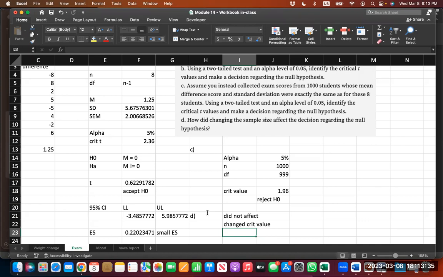You get more accurate estimates of the true population mean difference, so there will be less variability in your estimates. They will give you a true representation of what that mean is. Thereby, the standard error of the mean is smaller.